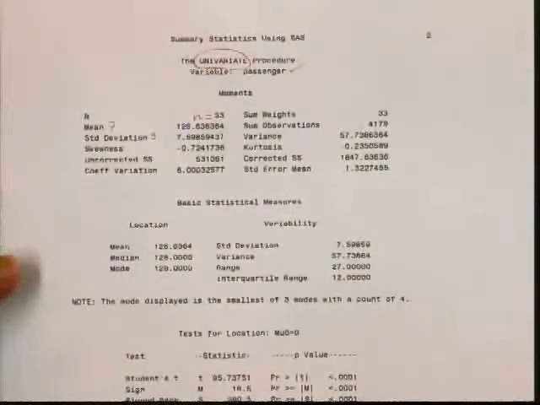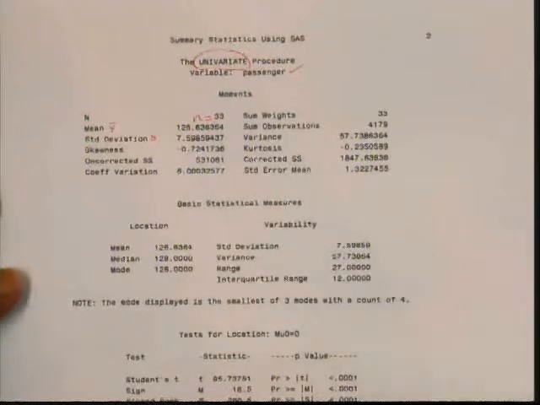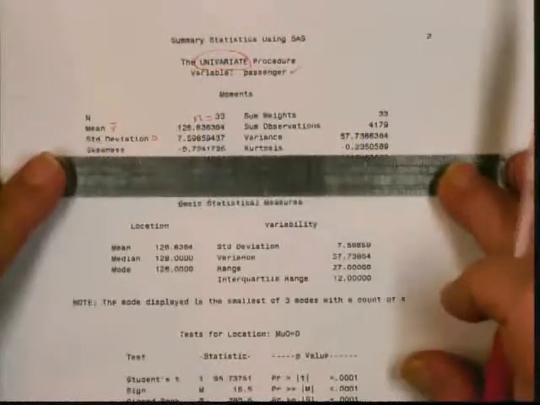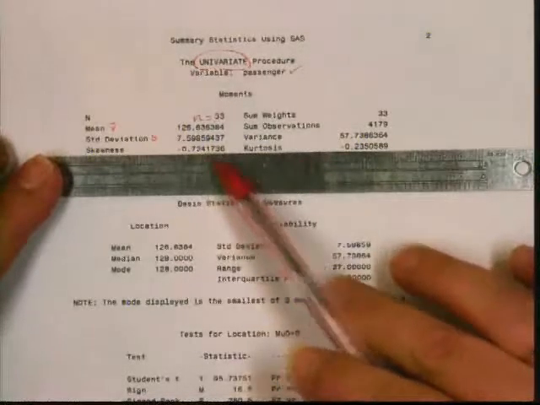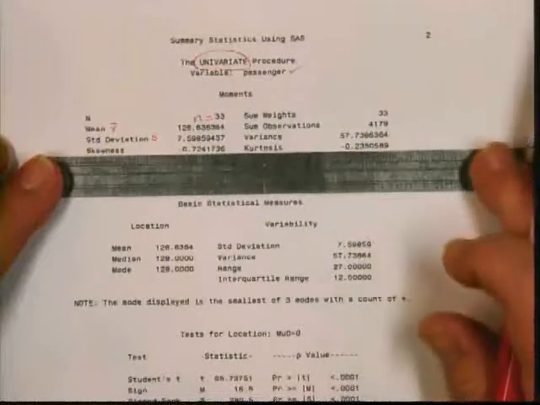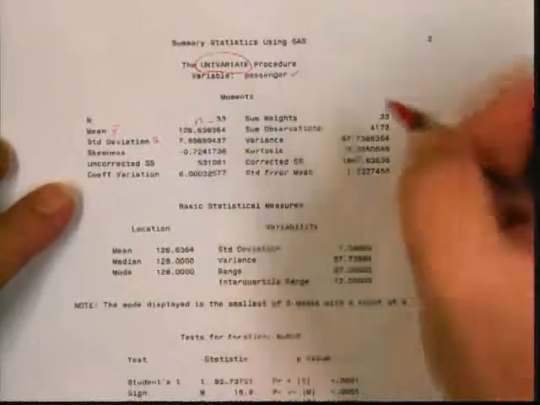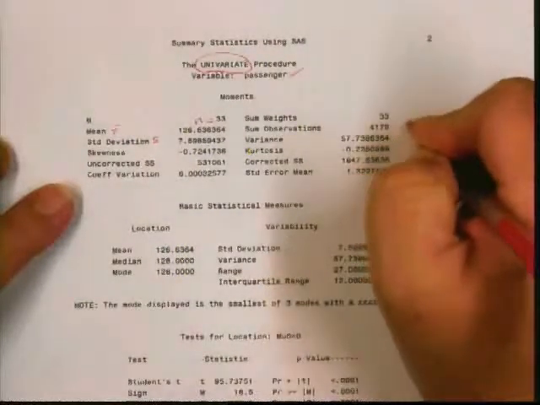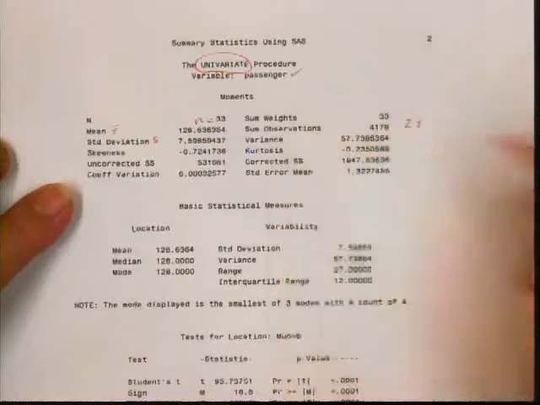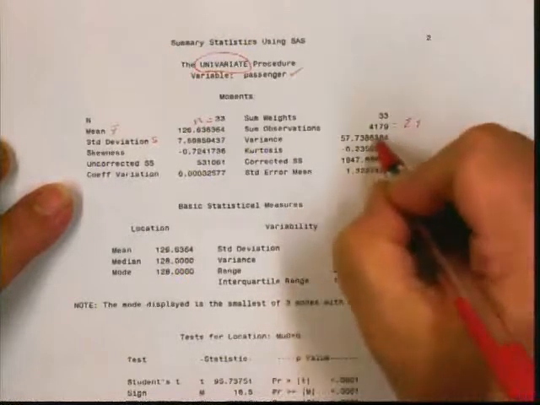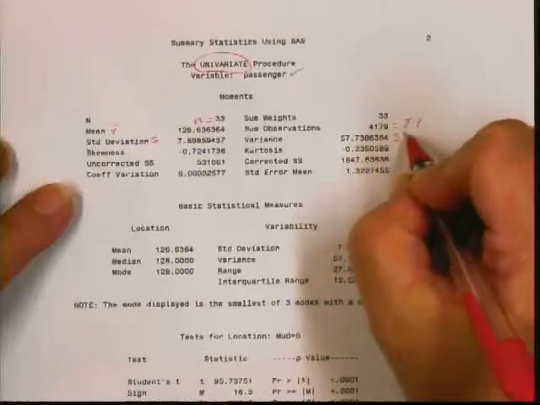When we talked about skewness and kurtosis, I told you there are some measures that can be calculated for those, and so proc univariate does give a measure of skewness and kurtosis, though we didn't give any formulas for it. The sum of the observations over here, this 4179, is the sum of the y-scores. S squared is this 57.73, the variance.